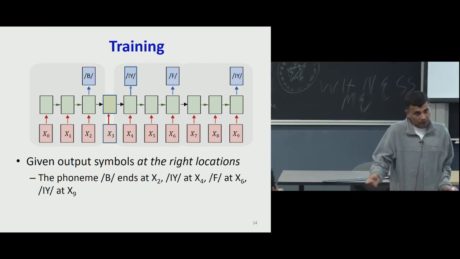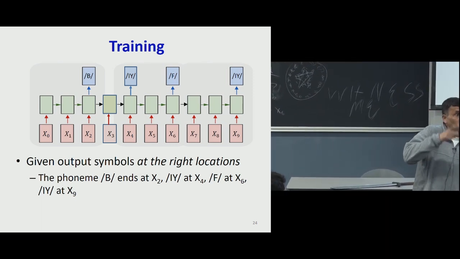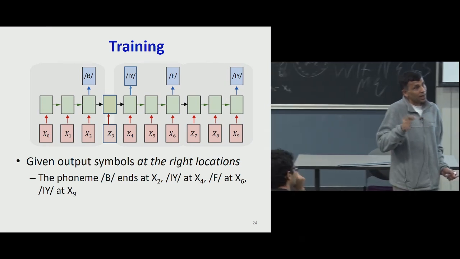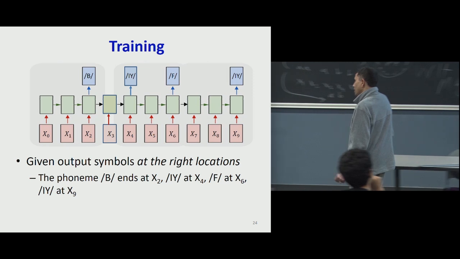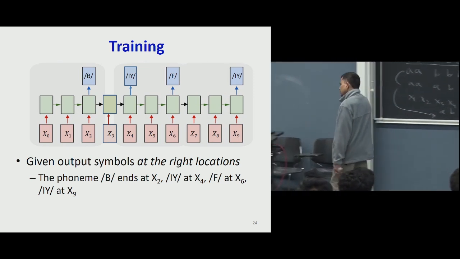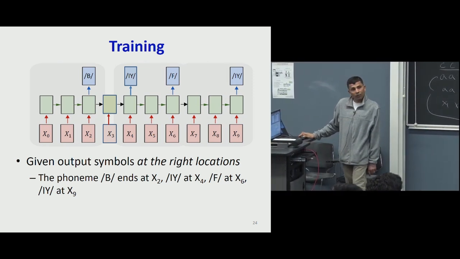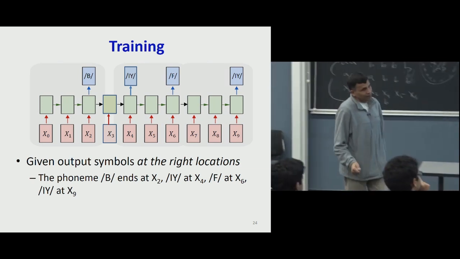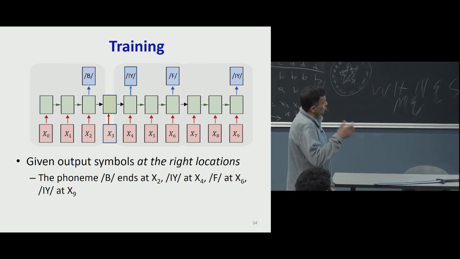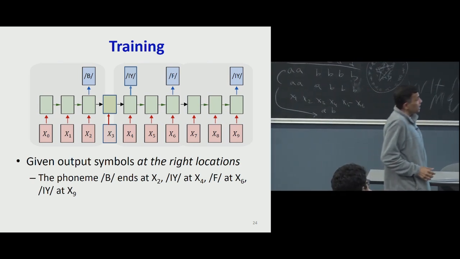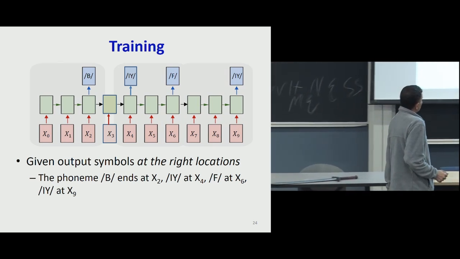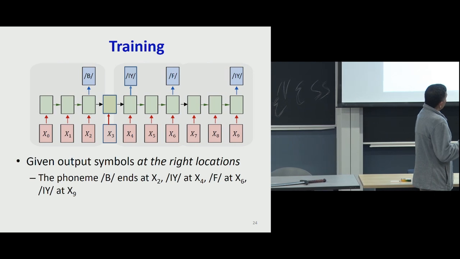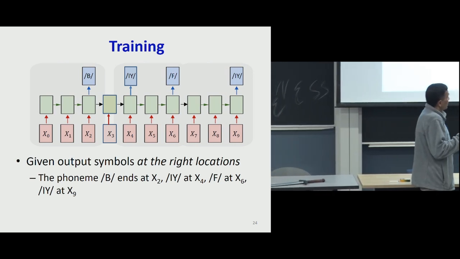So if I'm given the sequence of inputs, and I'm informed exactly where in time each of the outputs was produced, then, for example, if this input speech corresponds to the word beefy, and I were informed that the phoneme B ends at the 2nd or 3rd time instant, E ends at the 5th, F ends at the 7th, and E ends at the 10th.